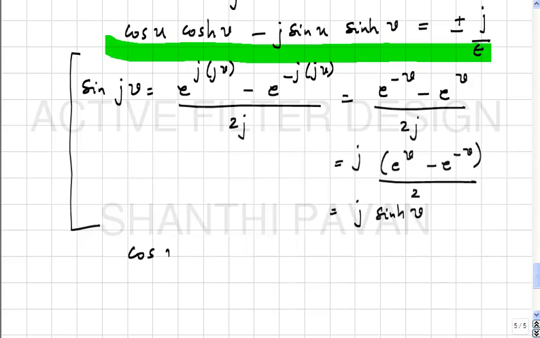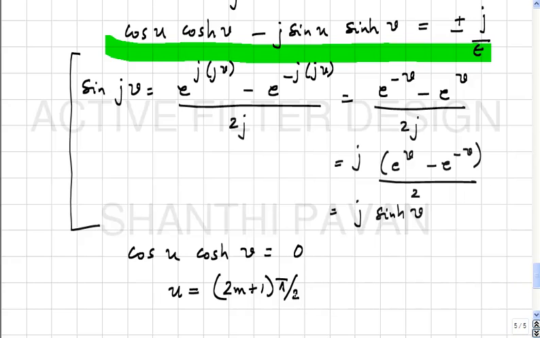So cos u, cos hyperbolic v must be equal to 0. But what is cos hyperbolic v? The minimum value is 1, right? So that can't be 0, which means that cos u must be 0, which means that u must be of the form 2m plus 1 times pi by 2.